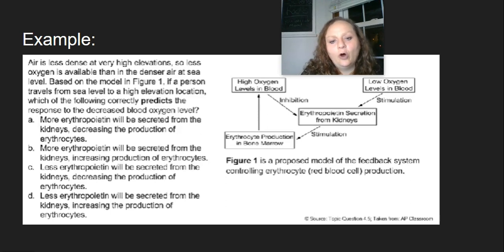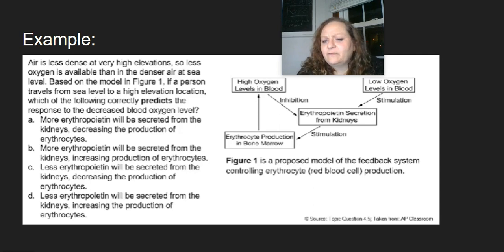This is going to cause erythrocyte production in your bone marrow. If you find yourself in a high oxygen level, it's actually going to inhibit the erythropoietin secretion from your kidneys, which will actually reduce the erythrocyte production in bone marrow.